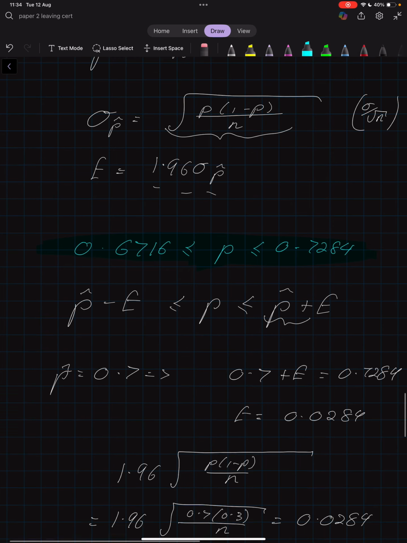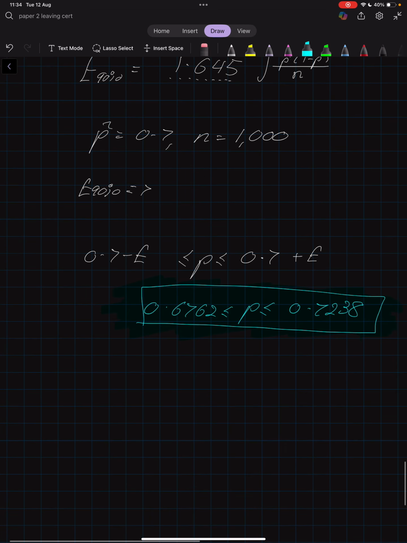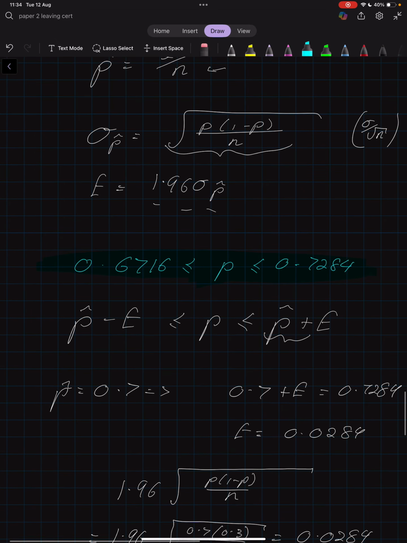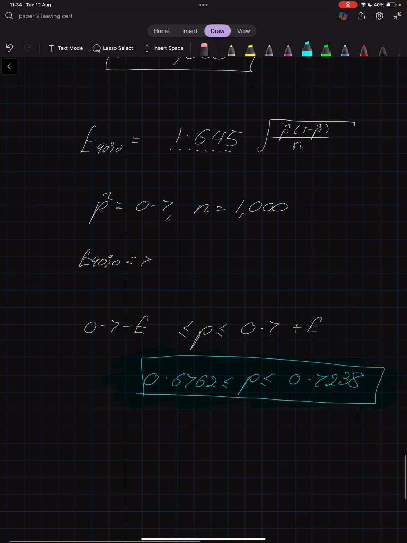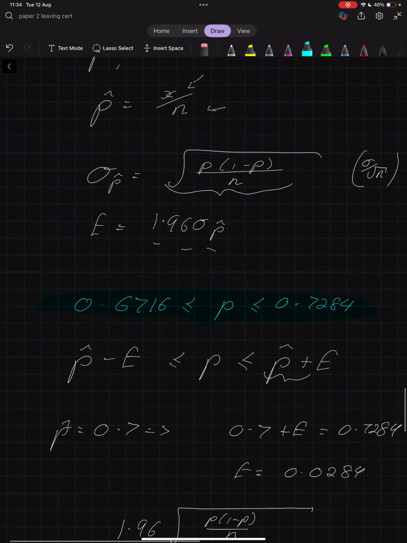Is the interval wider or smaller? This interval is smaller. Why? The reason is because down here we're only 90% confident that P is between this number and this number. But if I make this interval bigger, as it is up here, then I can be more sure that P is going to be within this interval, and that's where the 95% comes from. Okay, so just be careful with that. That's typically how it's going to go. All right?